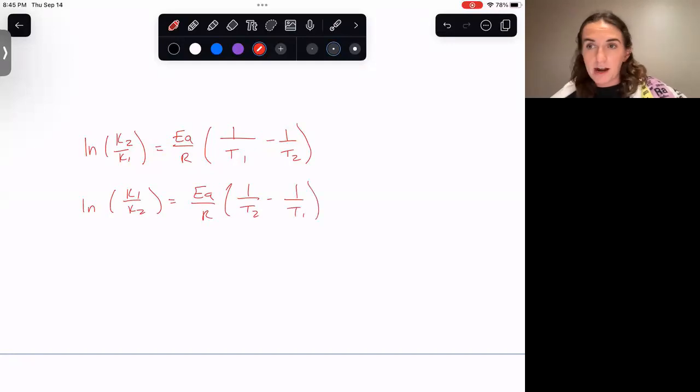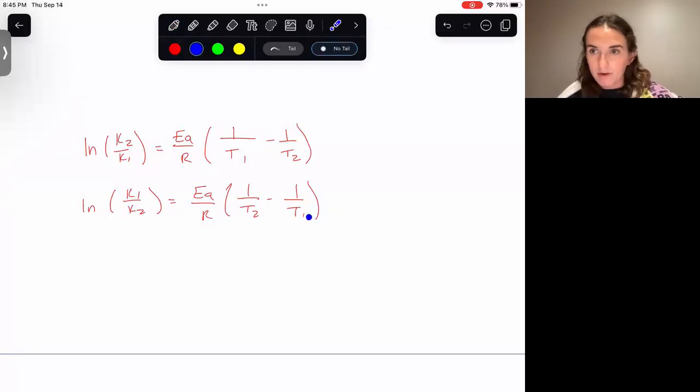It does not matter how you write it. You just need to make sure that T1, or whatever's on top here, is your furthest right temperature, right? So you have to go 1, 2, 2, 1, or you have to go 2, 1, 1, 2. As long as you know this, you should be able to solve any of those questions.